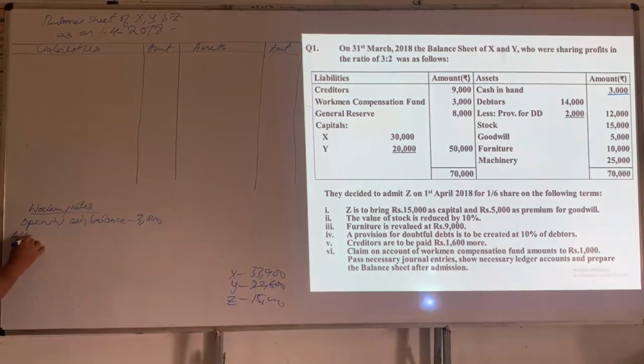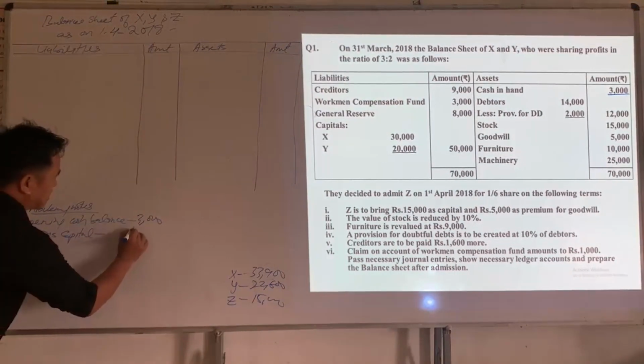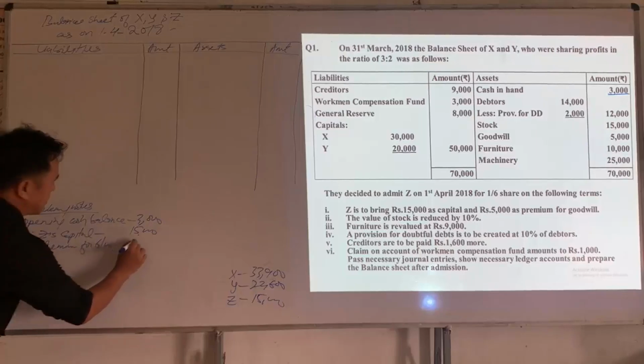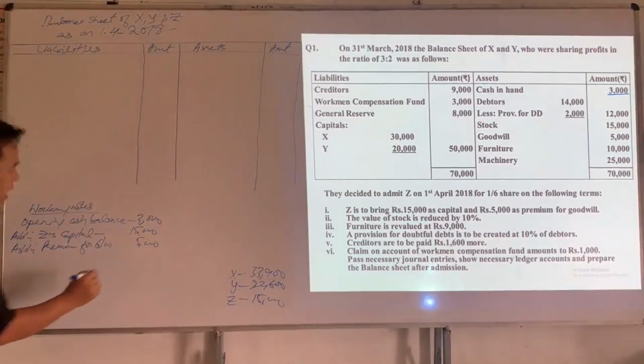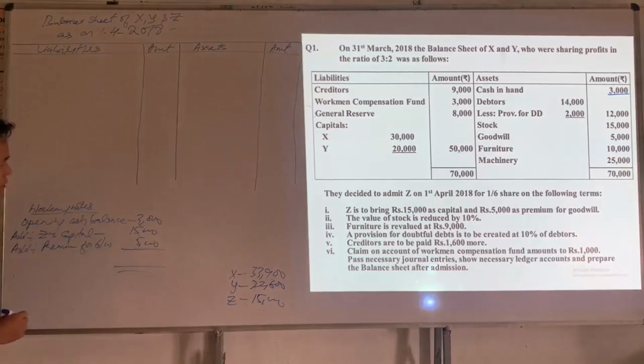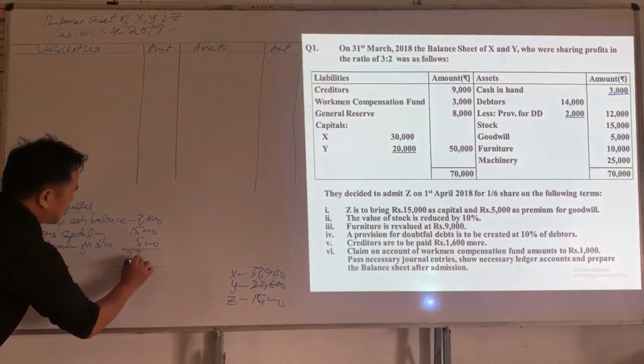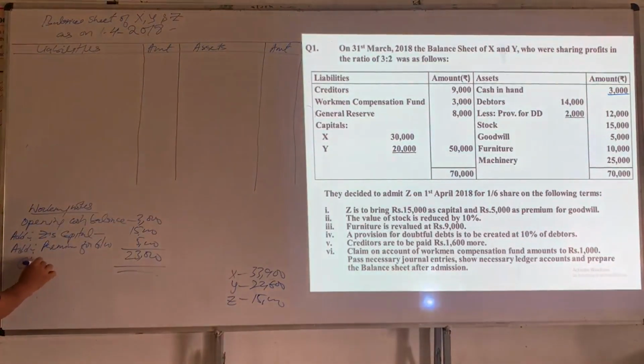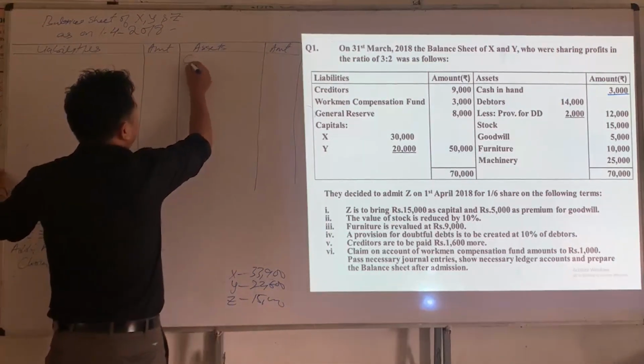So cash will be increased to rupees 23,000 from 3,000. So this is the closing cash balance of the new balance sheet.